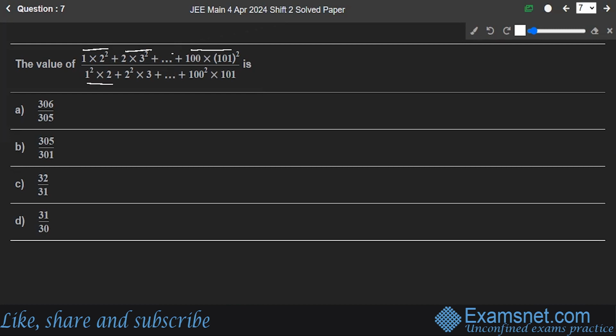The denominator has 1 square into 2 plus 2 square into 3, and so on till 100 square into 101. So let's start from here itself. Over here, the general term of the numerator can be written as n into n plus 1 square, and the general term of the denominator is n square into n plus 1.